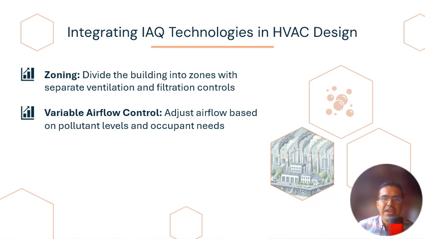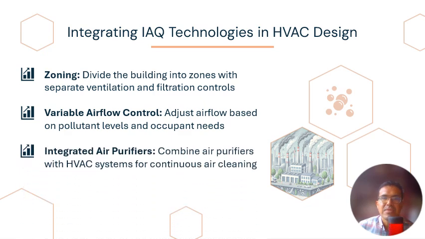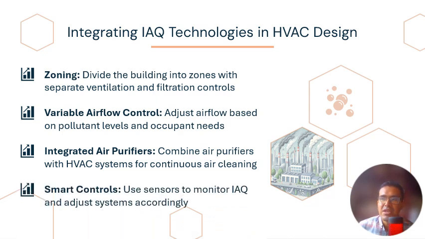We can use variable airflow control that helps us adjust the amount of air based on the detected levels of pollutants, ensuring that the HVAC system responds dynamically to changes in indoor air quality. Air purifiers can be integrated into HVAC systems to continuously clean the air, and smart controls equipped with indoor air quality sensors allow for real-time monitoring and system adjusting.